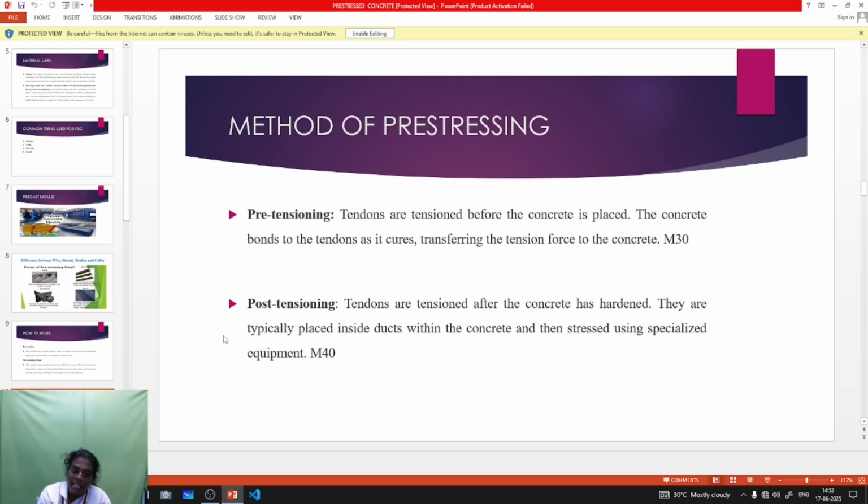So post-tensioning means first concrete is poured, after that tension is induced. Pre-tensioning means first tension is induced in the member, then concrete is poured in place, so the forces counteract and balance, though some small amount of losses occur in pre-tensioning.